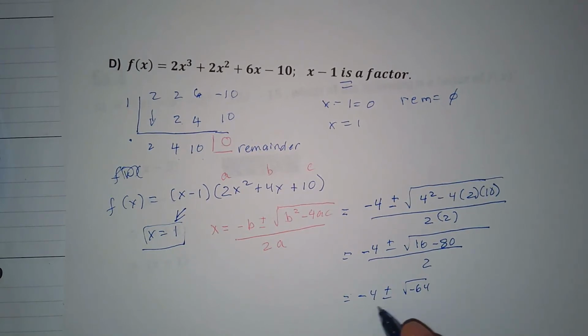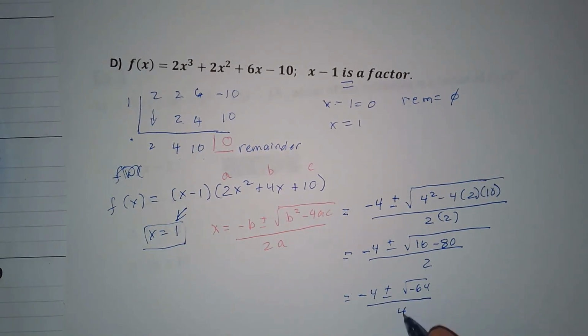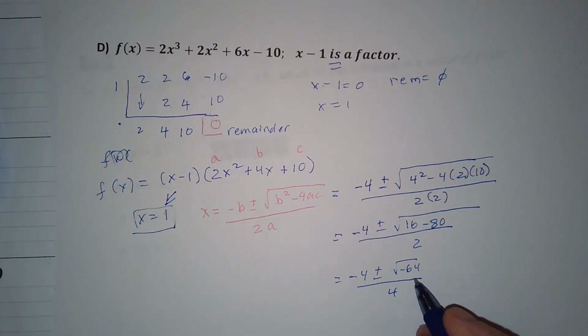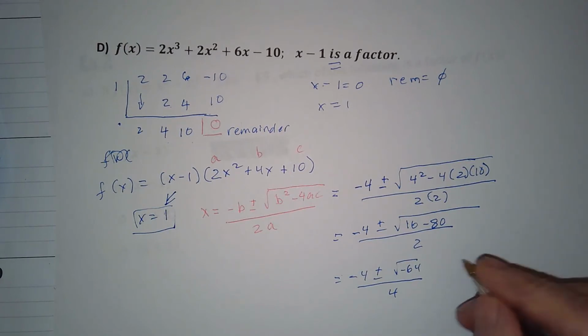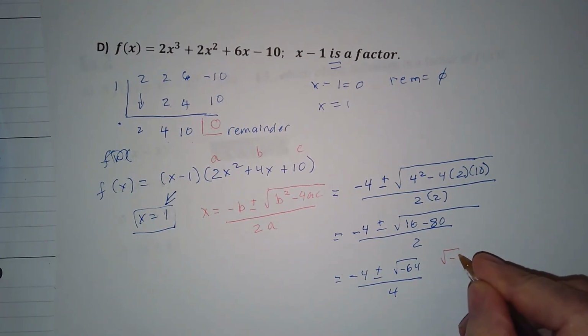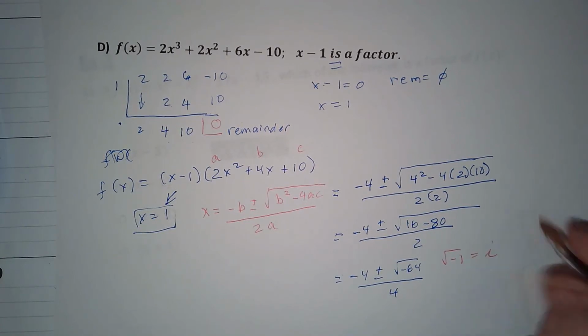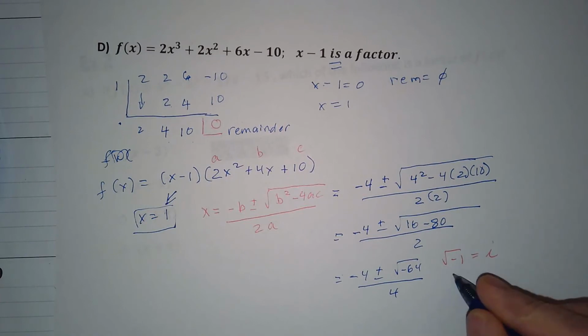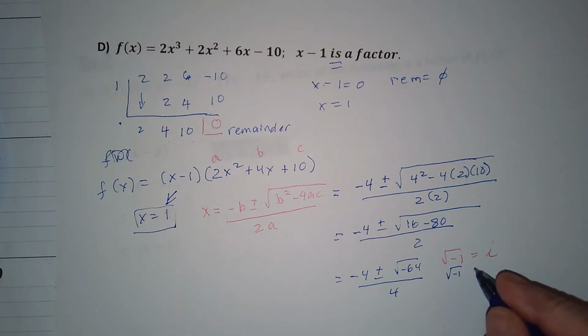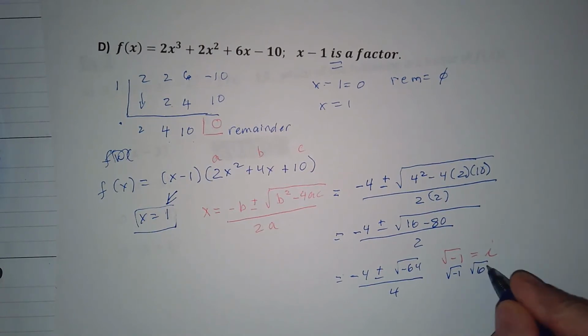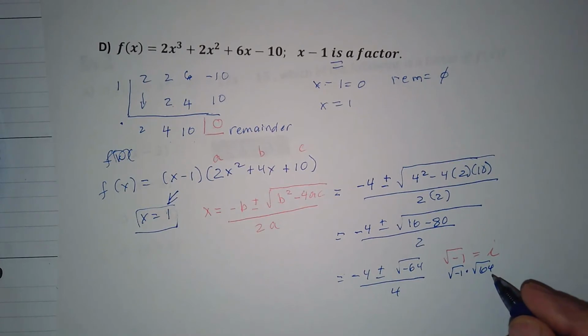So here's the thing, I've got a negative in the radical. What do we have to do with that? You've got to remember, we have the square root of negative 1 equals i. So we're going to have to factor that out. So I'm going to have the square root of negative 1 and the square root of 64 multiplied together, right?